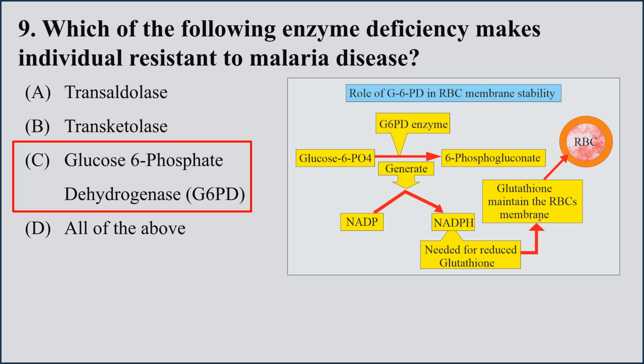How? By removing free radicals and reducing hydrogen peroxide into non-toxic water molecules. That's how it maintains the RBCs and prevents them from lysis.